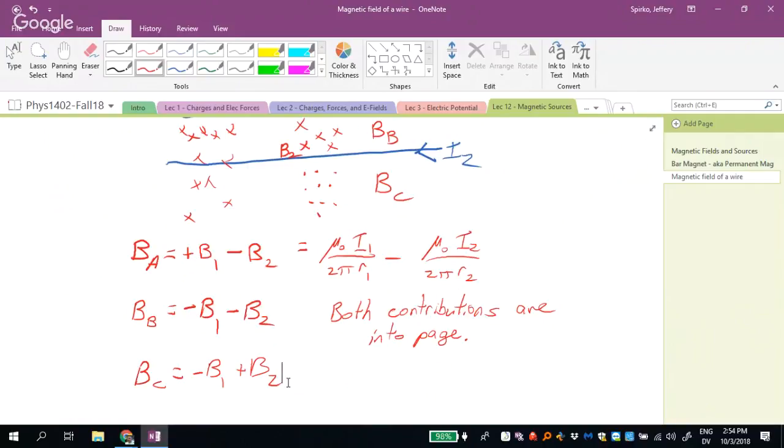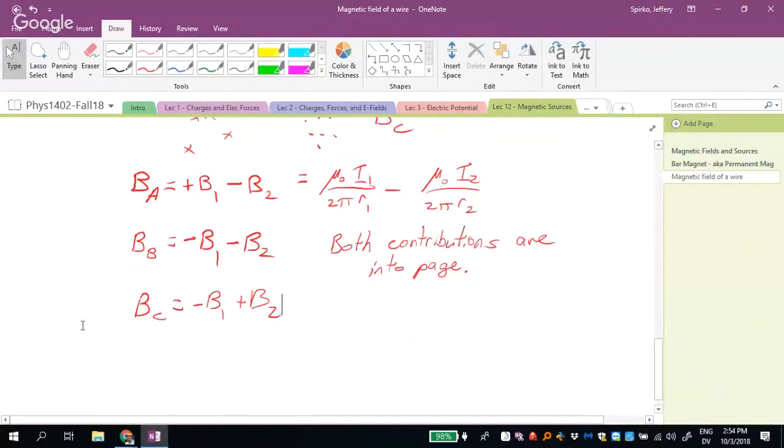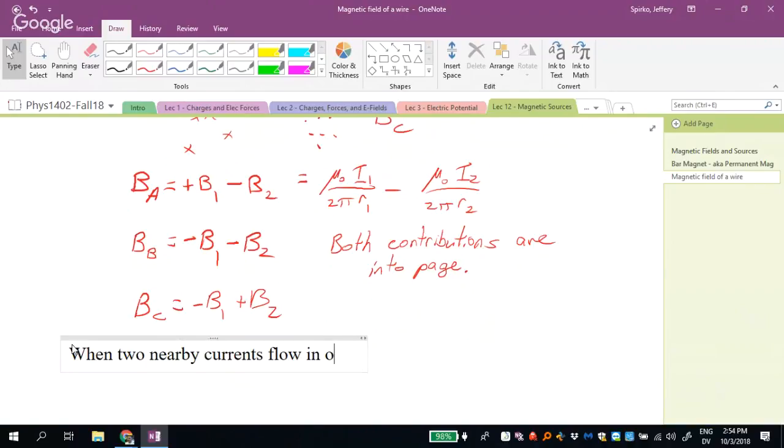So we can kind of summarize this, describing this situation as two currents flowing in opposite directions.